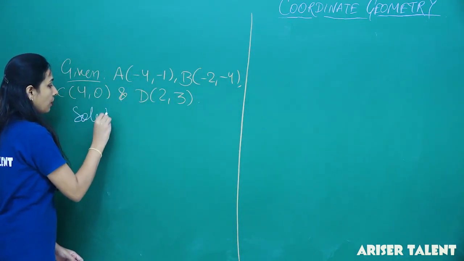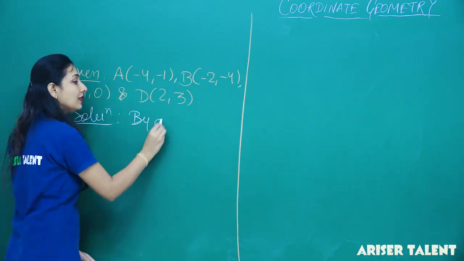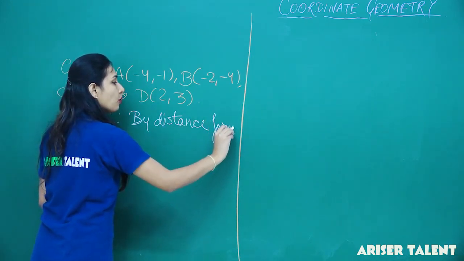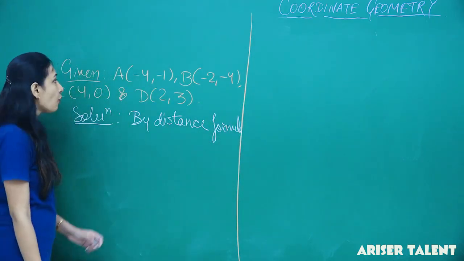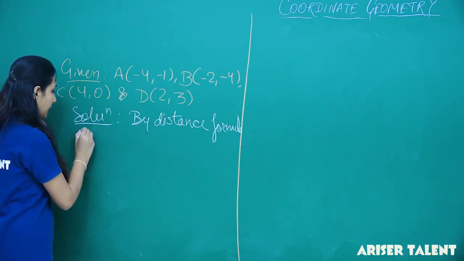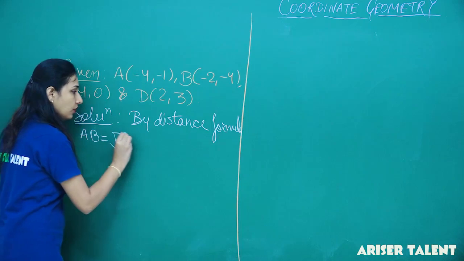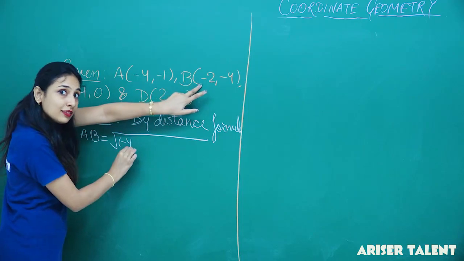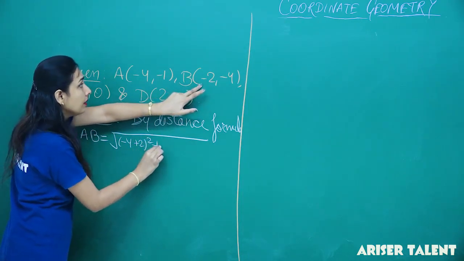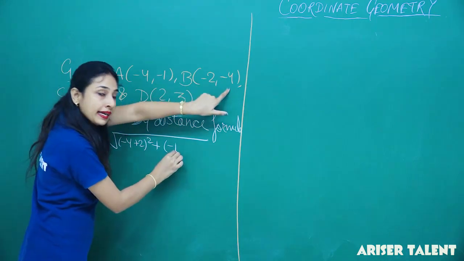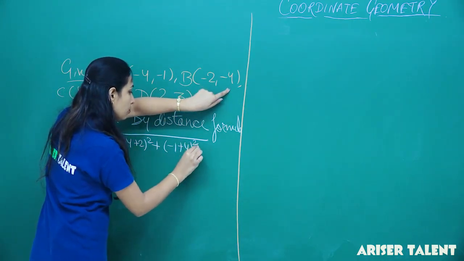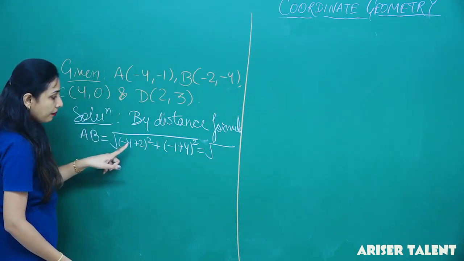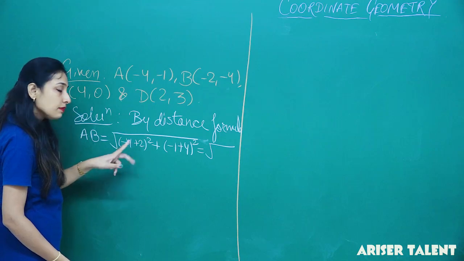Solution: by the distance formula, we are directly applying the distance formula. Let's talk about A and B. AB equals root of (-4 - (-2)) whole square, that is (-2) square, plus (-1 - (-4)) square, that is 3 square.